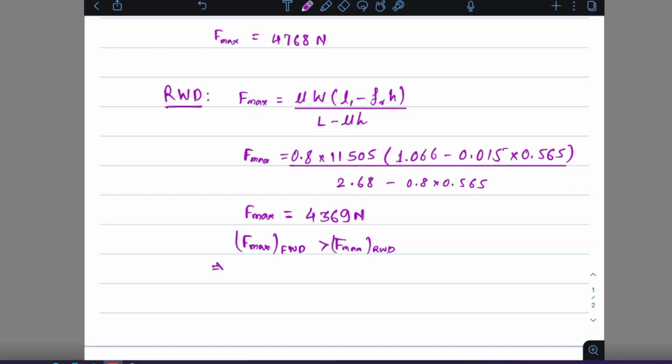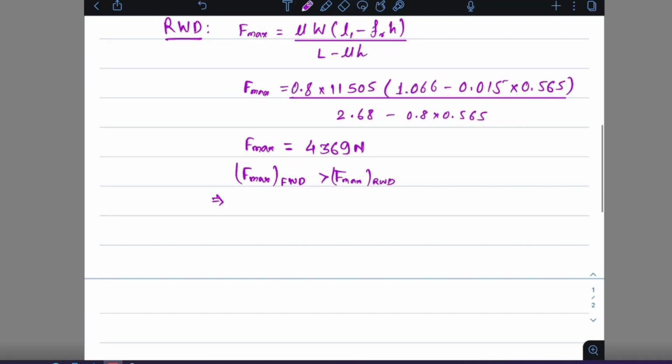This implies we can say that in this case a front wheel driven vehicle is a better choice.